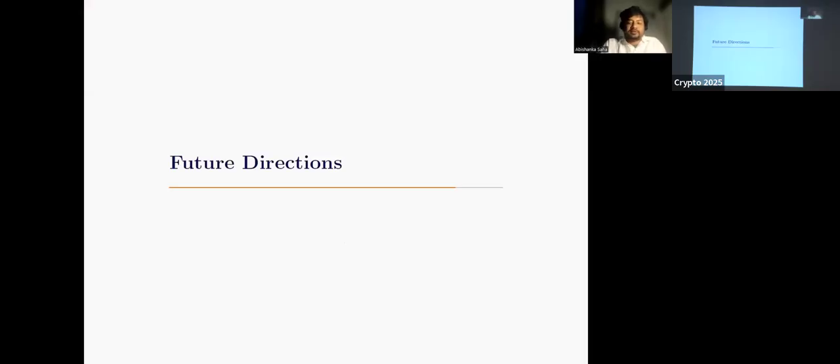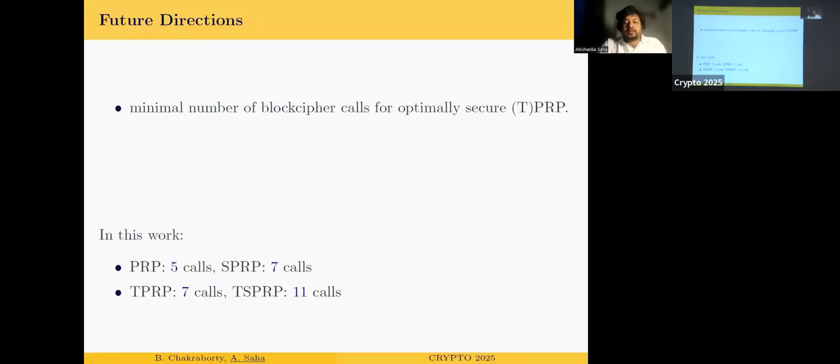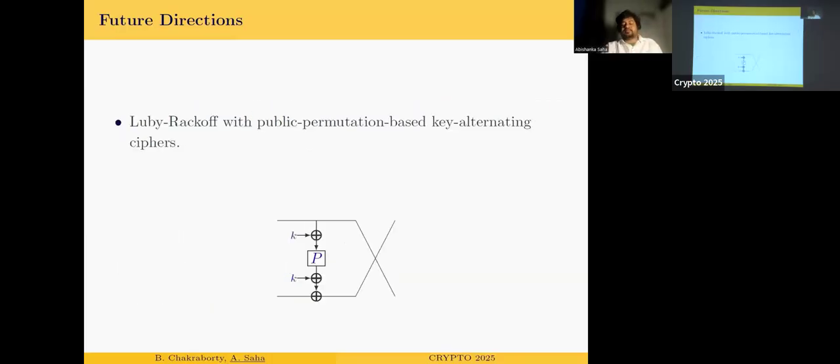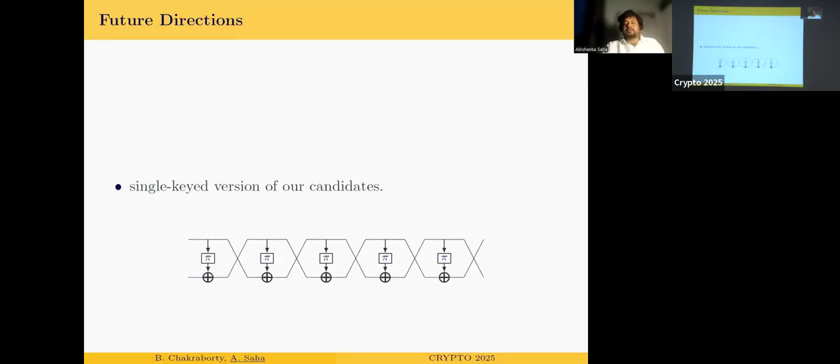Finally, we give some future directions for our work. One is minimizing the number of block cipher calls for attaining optimal security. Secondly, we can instantiate the secret block ciphers for the internal primitives by public permutation-based key alternating ciphers. Thirdly, we can consider single key versions of our candidates, as each of the rounds of our PLR constructions used independently keyed block ciphers, and rekeying is expensive, so single key versions need to be considered.